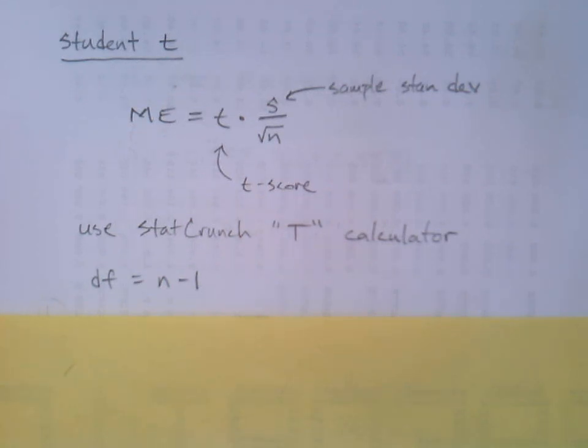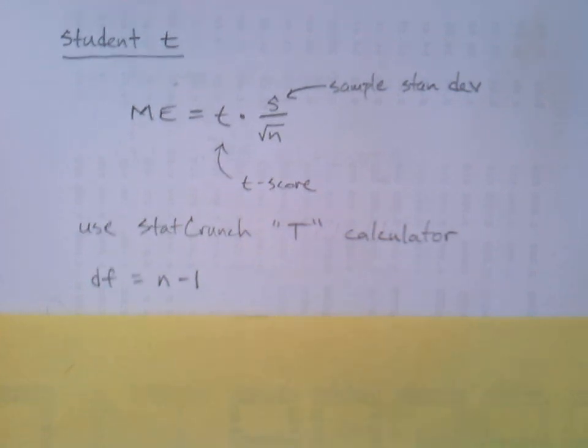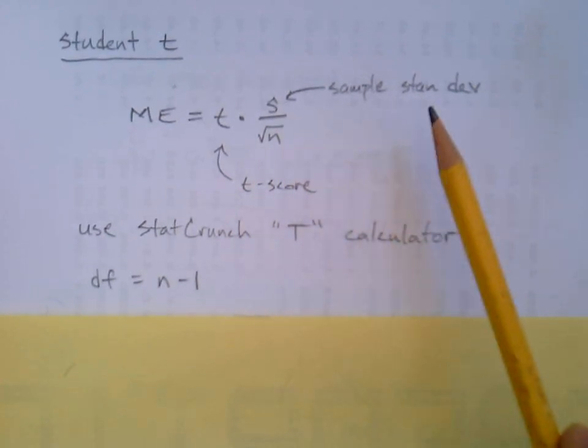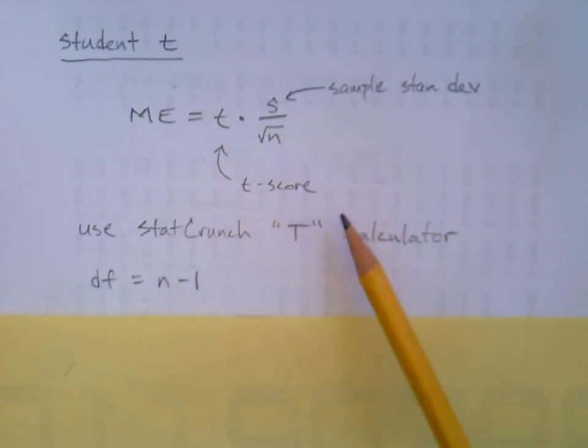So here's just a quick history of the student T distribution. For a long time, statisticians would use a sample standard deviation and assume that it was equal to the population standard deviation, right? So they would find their sample, they would take the sample average, that's x bar.